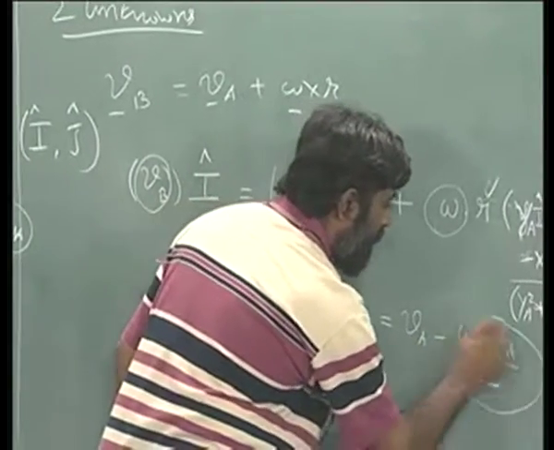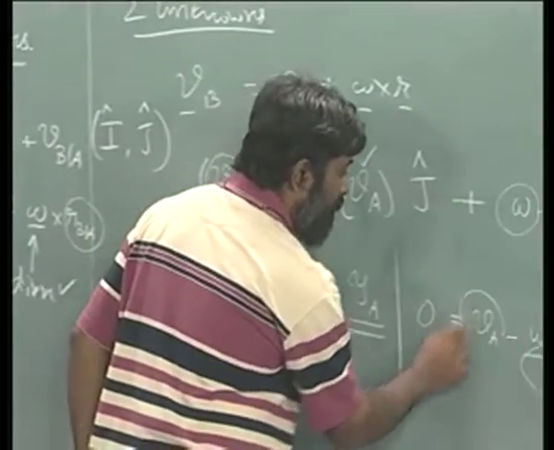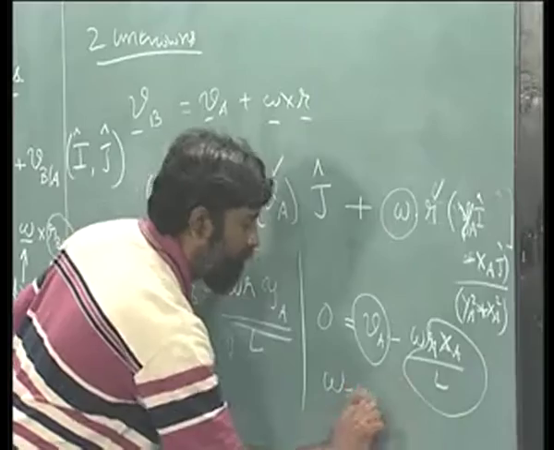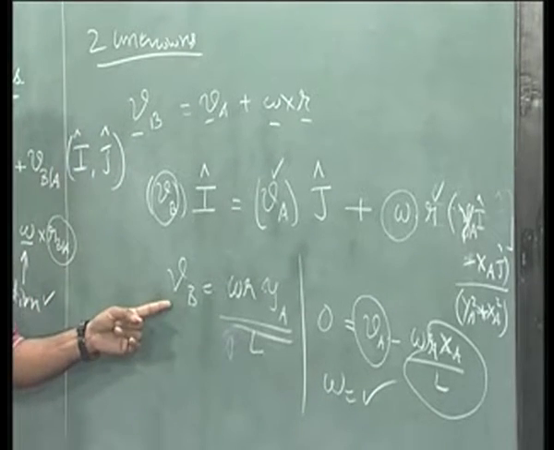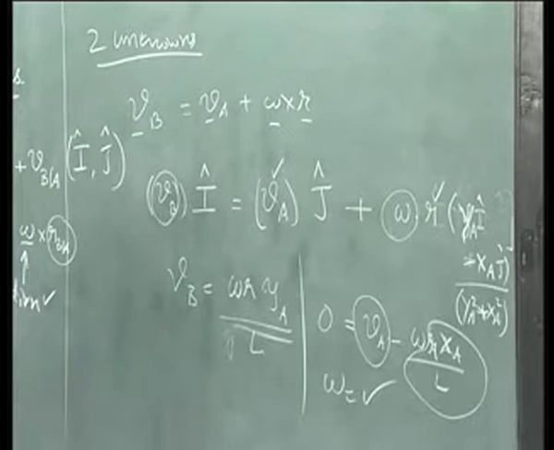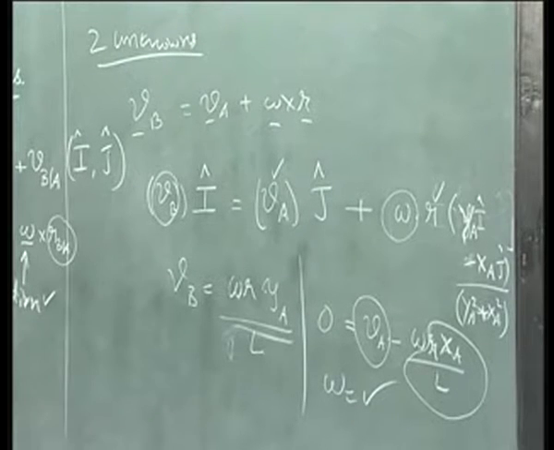This is a quantity that I already know, this is already known, which means omega can be found out. Once I find out omega, I can find out Vb, so I can do it that way. There are simpler procedures, I am just giving you an idea that it is in general solvable this way.